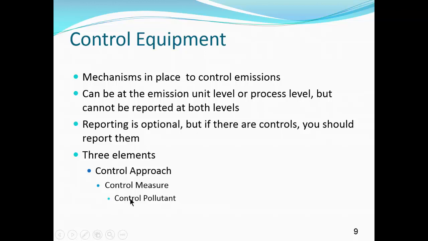And then the control pollutant, because obviously if you have a baghouse with a filter, it's not going to control gases. The gases are going to go right through that filter. It's going to control particulates. Now, if the filter is thick enough, it may be able to reduce gases just by the time it takes to go through the filter. But generally, control equipment is very specifically designed to control certain pollutants, hopefully the worst ones like lead.